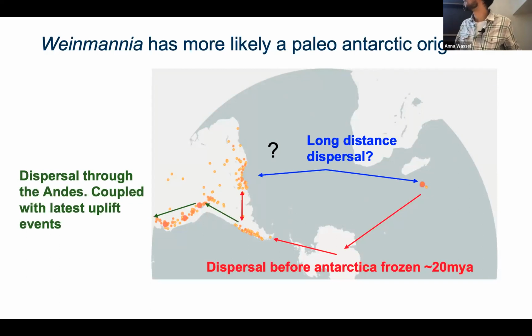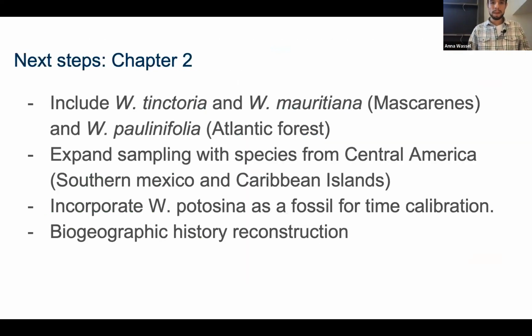However, we still cannot just discard long distance dispersal. But yeah, this is what we see. So next steps to move this chapter forward will be to include Weinmannia tinctoria and Weinmannia mauritiana from the Mascarene Islands, and also include Weinmannia paulliniifolia from the Atlantic forest. These species will help to clarify the relationships in the base of the phylogeny, and also help us get a better estimate of divergence times.